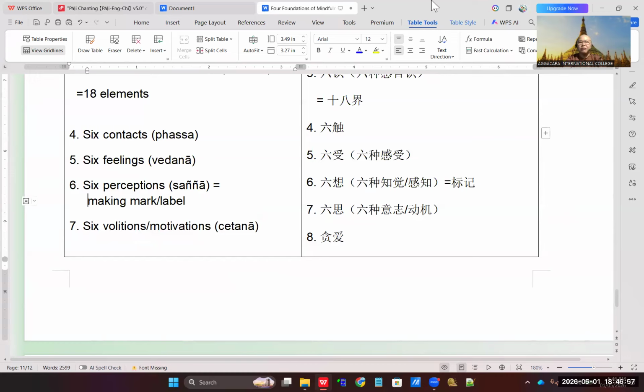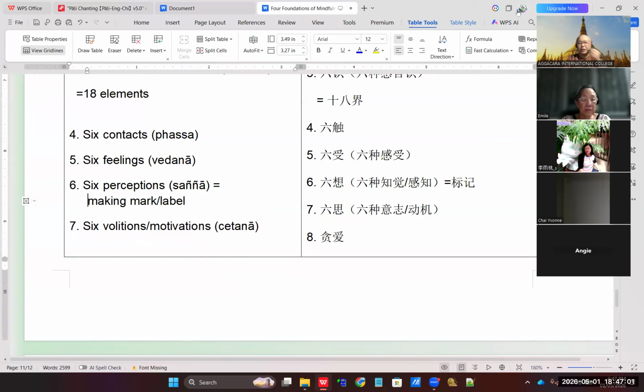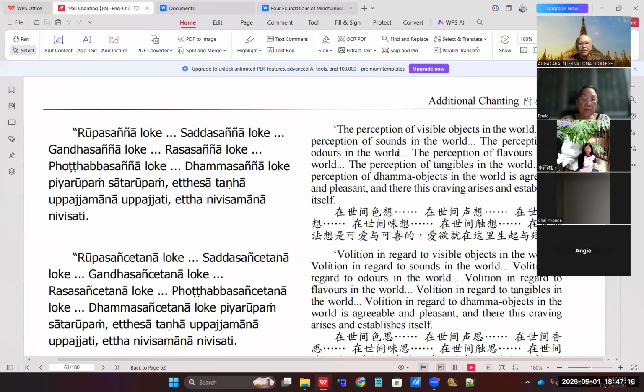For example, the first time you see an animal, from very young, you start to remember, oh, this is a dog, this is a cat, this is a rabbit. That's a perception. How come the perception can be good or bad? It depends on your perception.